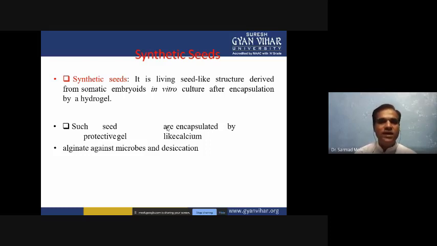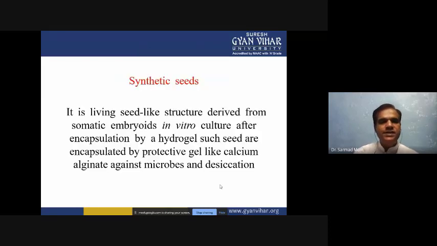Encapsulation can be done with various hydrogels. If you see the synthetic seed, there are two parts: the inner, living part is the somatic embryo, and we have to encapsulate it.